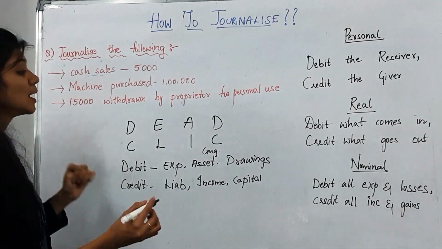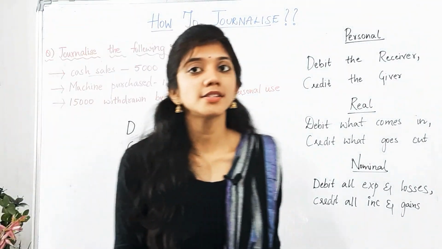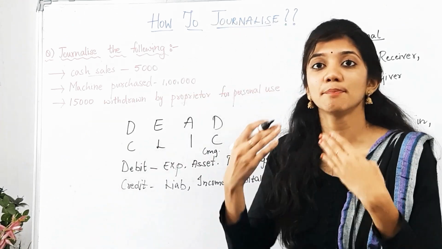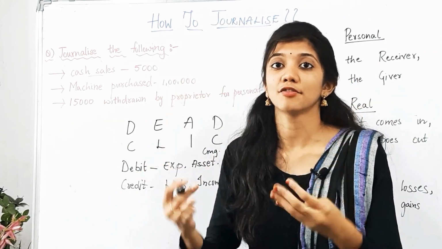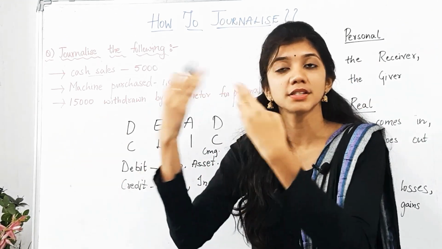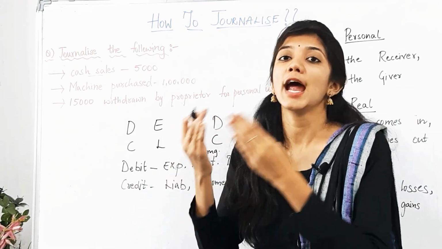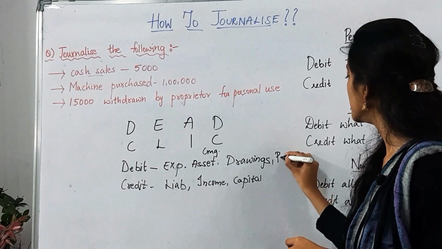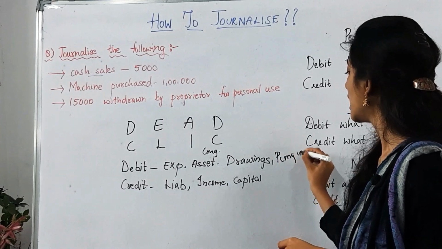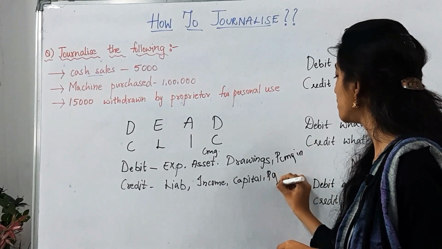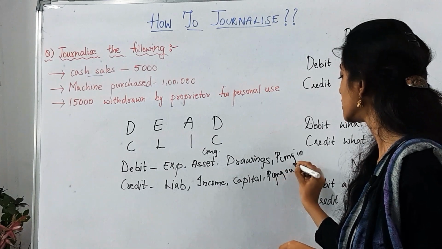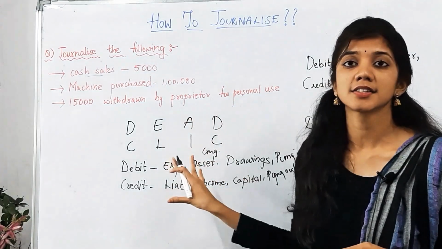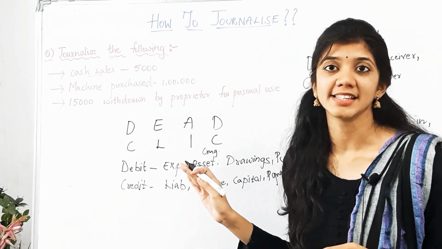And one more thing, a person that comes in should be debited and a person that goes out should be credited. From the business point of view, the person who is coming in should be debited and the person who is going out should be credited. So let me write P coming in and P going out. Just remember this to generalize any type of transaction.